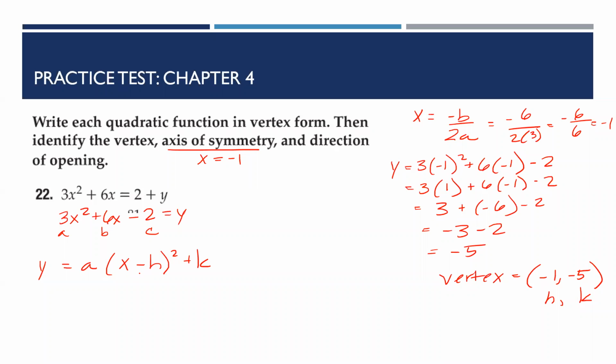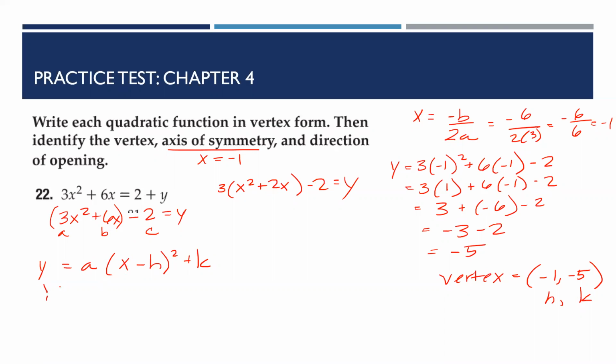So we needed to complete the square here first. We could have taken out a factor of 3, and then we would end up with 3 times x squared plus 2x minus 2 equals y. And then we can leave it like that, right? Because we've got it in x minus h squared form.